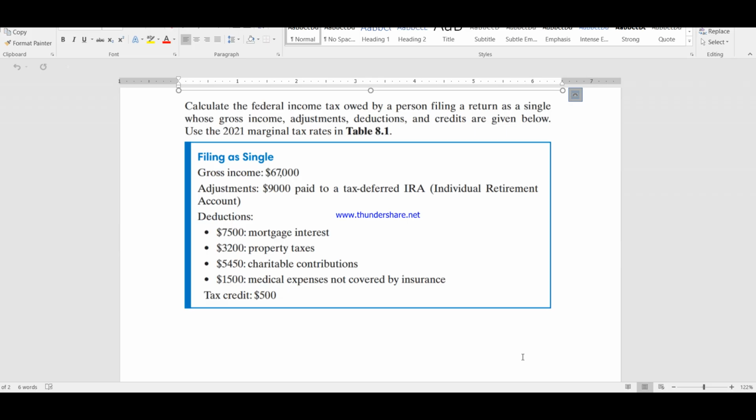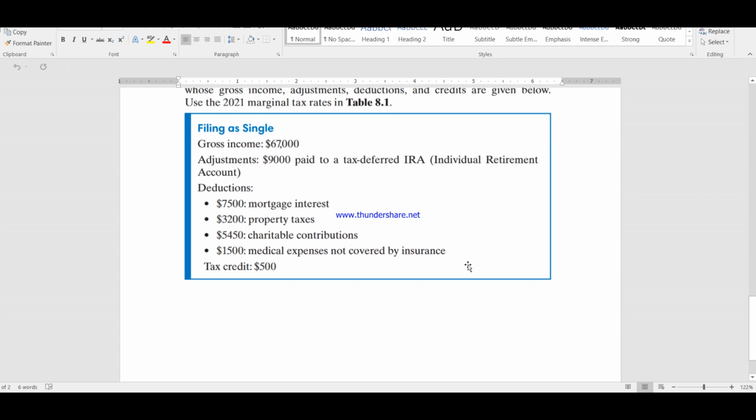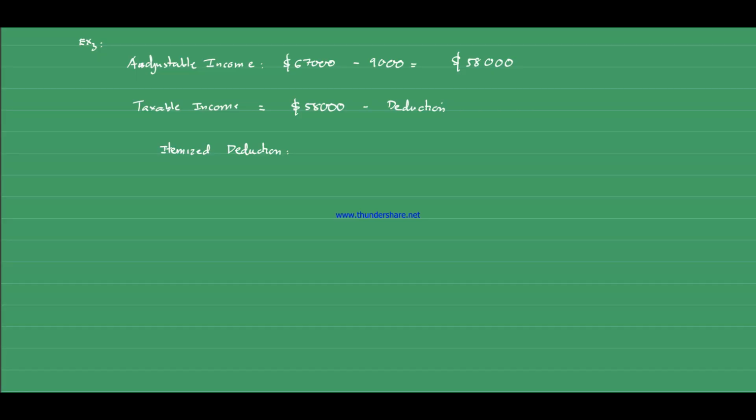But I'm not gonna take that into consideration here, because this problem is for you to understand how we do the tax. So I'm just gonna include everything, including that one too.